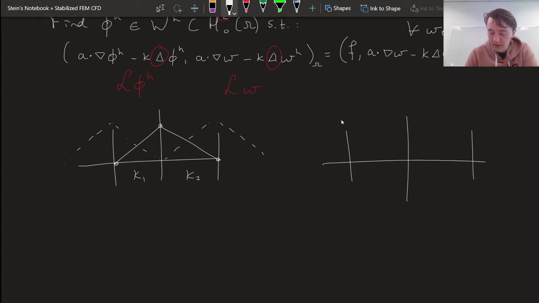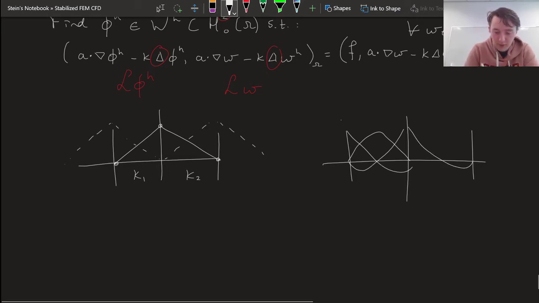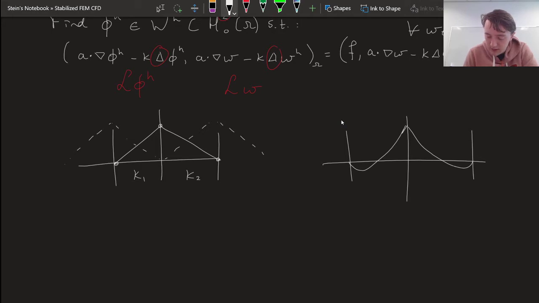So maybe I should draw this one in dots. We have a base function that looks like this, and then the other one looks like that.